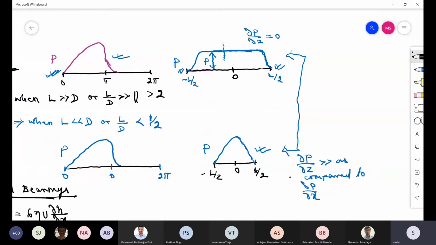So you can imagine the pressure gradient towards the end is very high. Del P upon del Z is very high. So if the pressure gradient is very high, then the lubricant will flow from inside of the bearing to the outside at the ends.